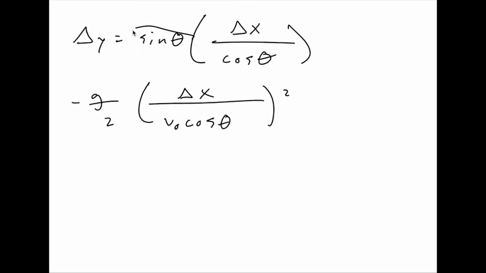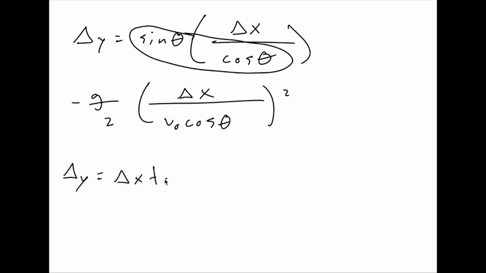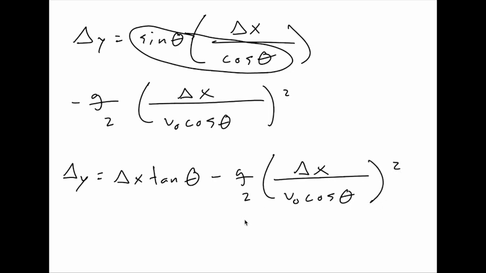And you might recognize that this is basically just tangent. So then we have delta y equals delta x tangent theta minus g over 2 delta x over V naught cosine theta squared. Okay? And maybe you might recognize that secant squared theta is equal to 1 over cosine squared theta, right?